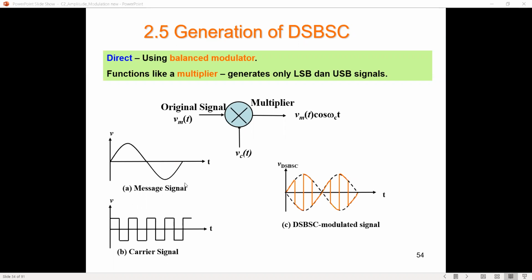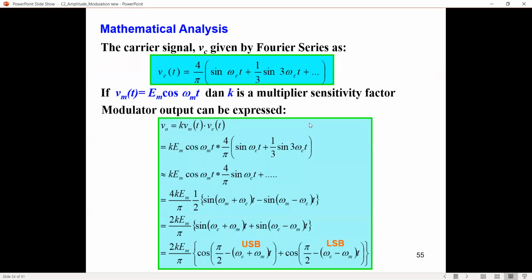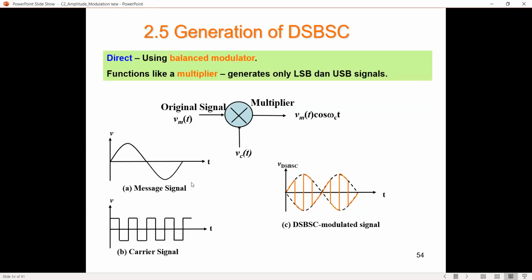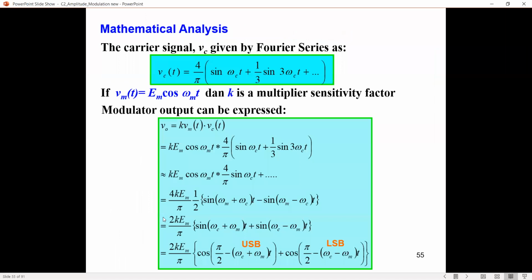Okay, so if you look at the analysis, before this we used just a sine signal to represent our carrier. So this one emulates the pulse modulation.